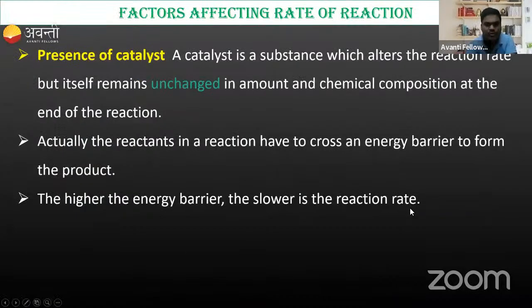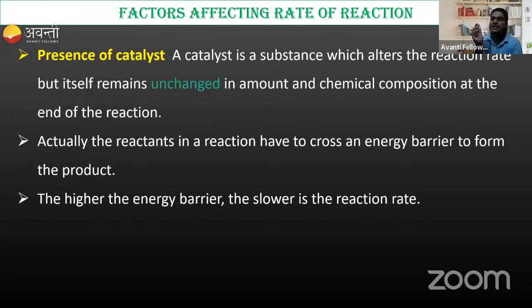I hope you understand how the presence of a catalyst affects the rate of reaction. Basically, a catalyst alters the reaction rate, but itself remains unchanged in amount and chemical composition at the end of the reaction. The reactants have to cross an energy barrier to form a product.